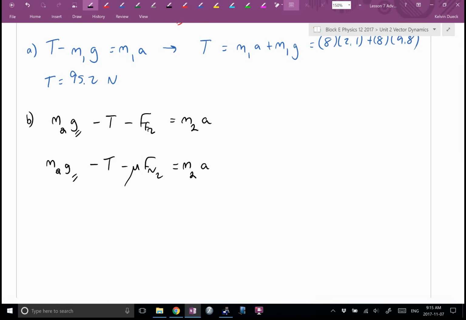Oh, but look. I know another force same size as normal force number 2. Which? M2G perpendicular? Cool. So it's going to be M2G parallel minus tension minus mu M2G perpendicular equals M2A.